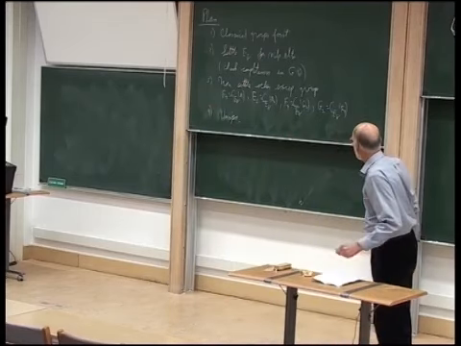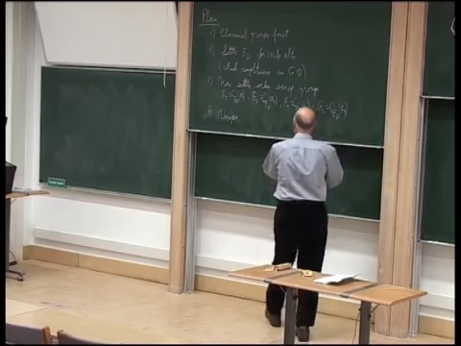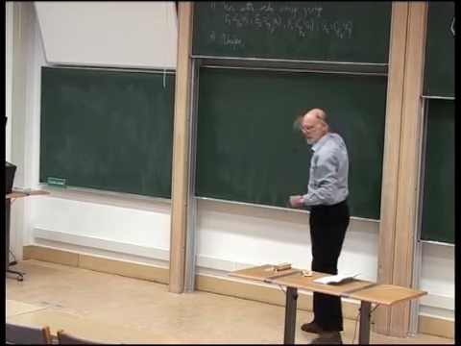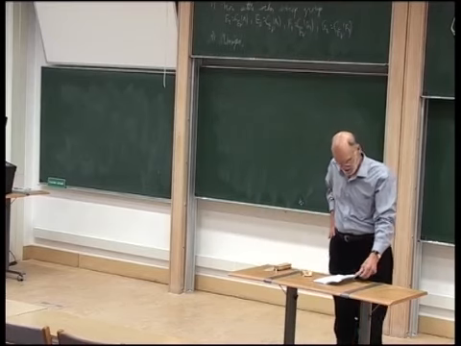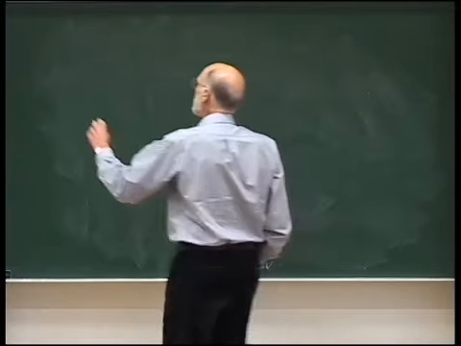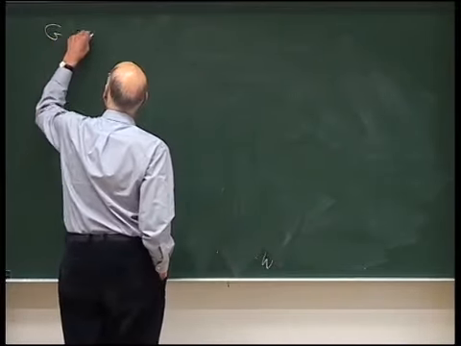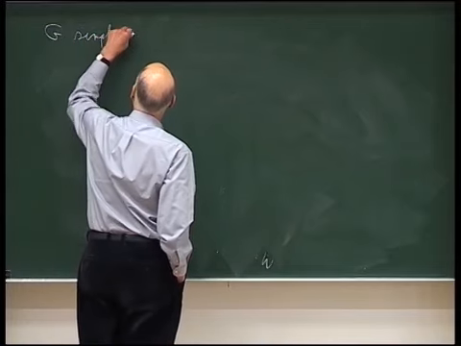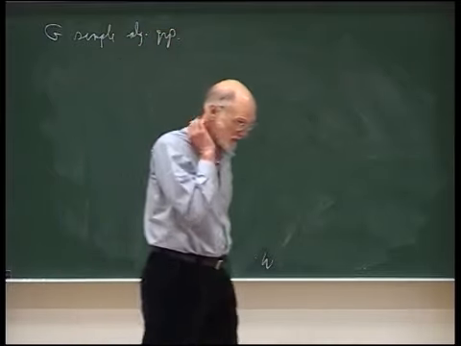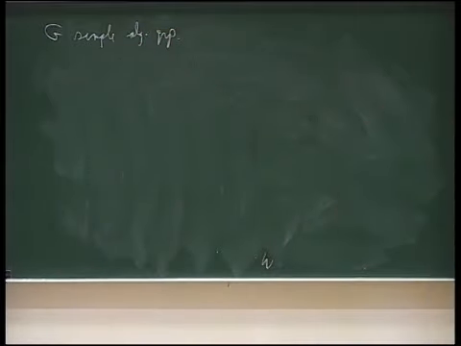Okay. So I want to try to give some of the ideas in all this. We start off with a simple algebraic group over an algebraically closed field of some characteristic p.